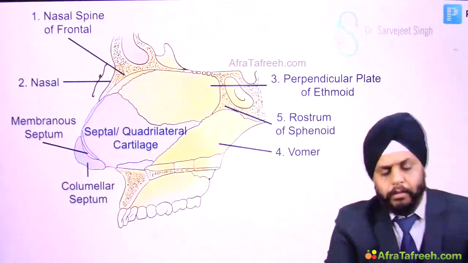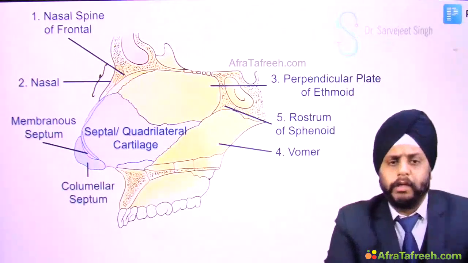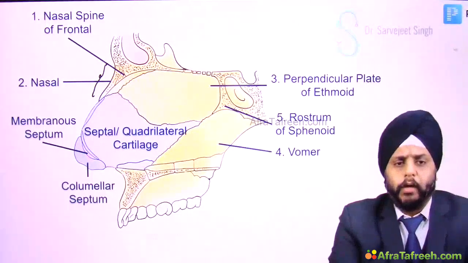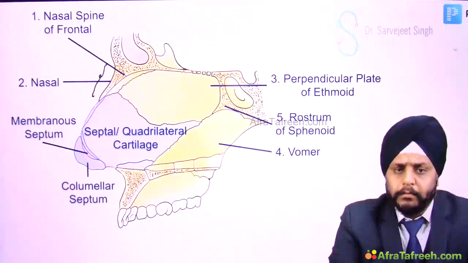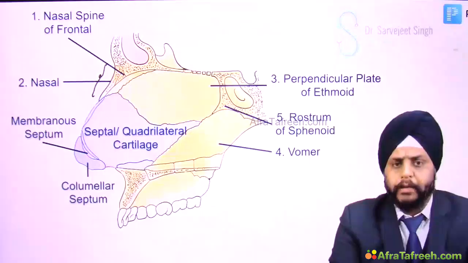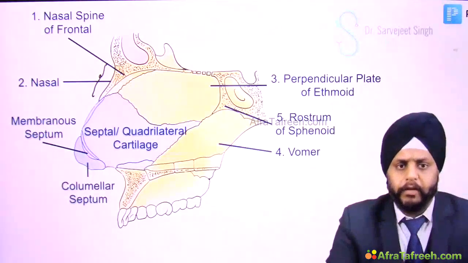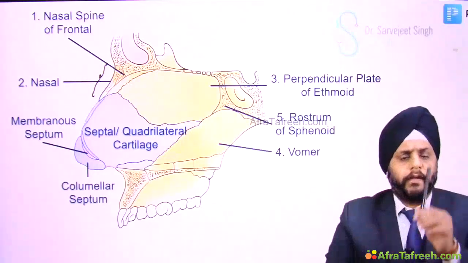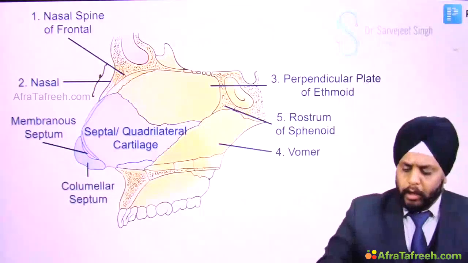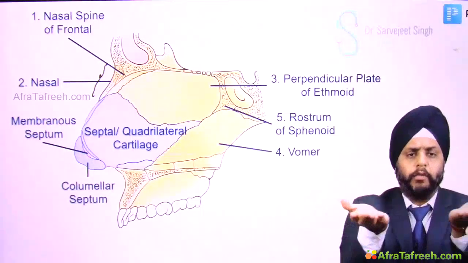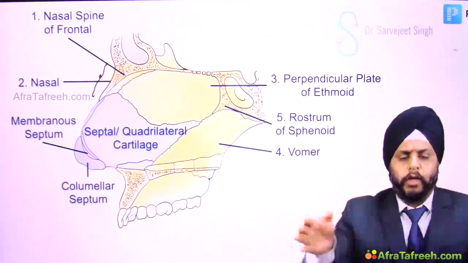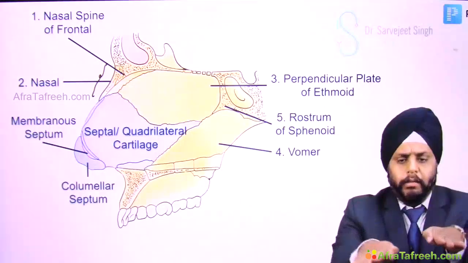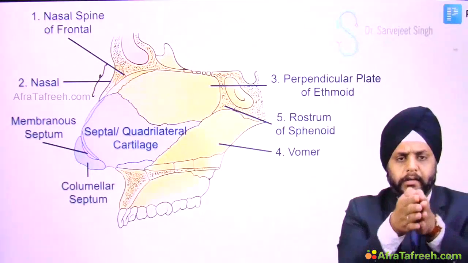Now the septum also needs support from the floor. What is there on the floor? On the floor we have the hard palate. The hard palate is formed by the maxilla and palatine bones that we have just discussed. Suppose this is the septum. On the two sides we have the two paired bones, maxilla and palatine bones. When they come and meet together, they form a bony elevation like this.